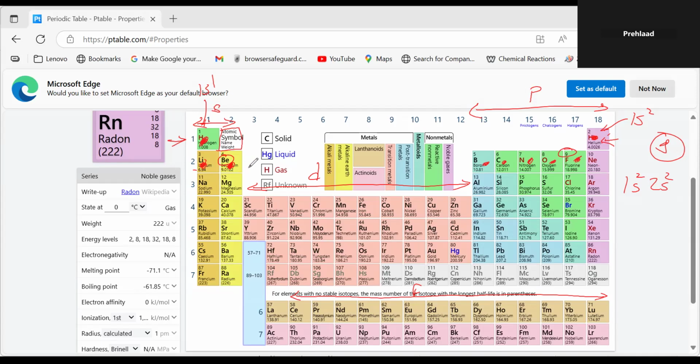After the 2s, do I have anything between 3 and 12 in the second row? No, directly I go to the p. And I have 2p1, 2, 3, 4, and 5. So I have 2p5.